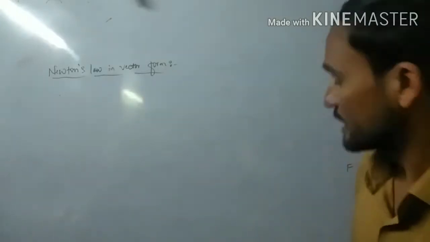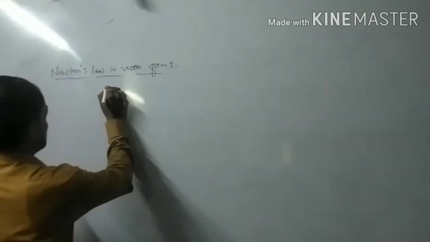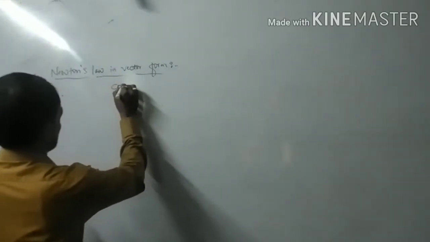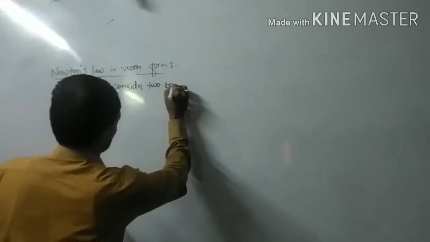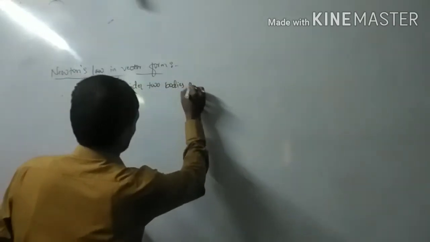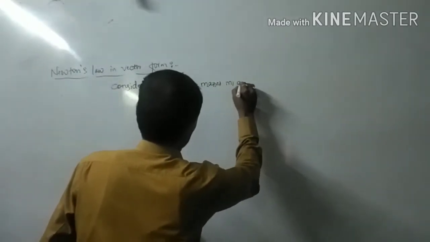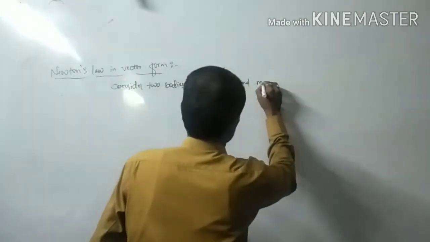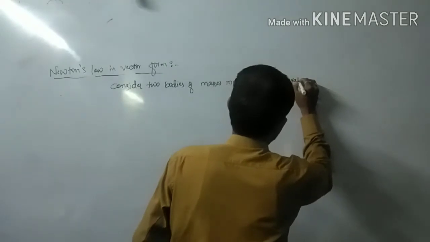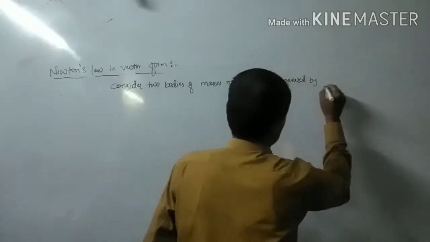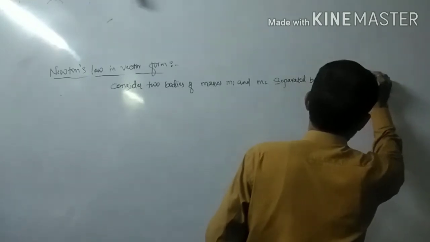So what do we have to do here? We have to consider two bodies of masses m1 and m2 separated by a distance of small r.